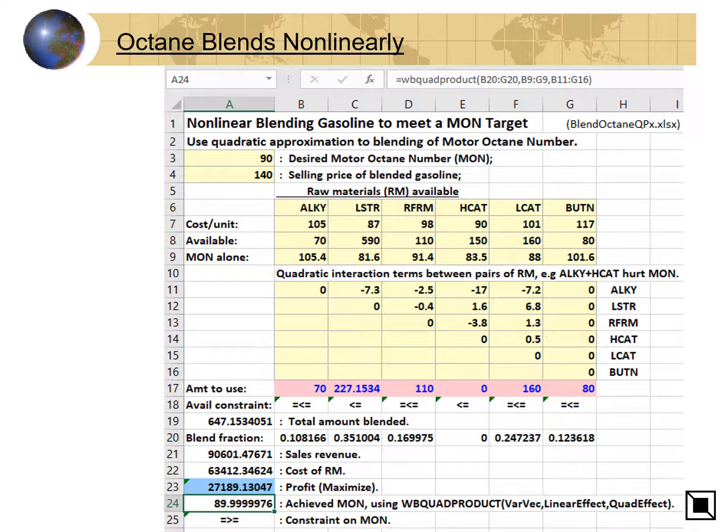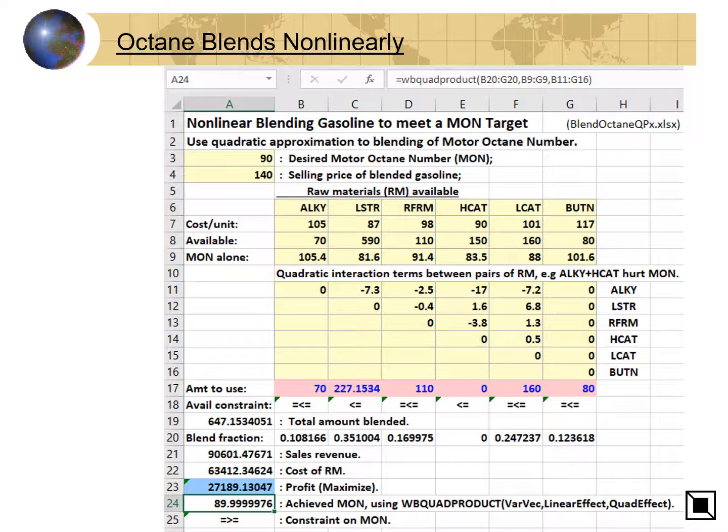If you look at alky and HCAT together in row 9, they have fairly good octane ratings, motor octane, certainly for alky alkylate, 105.4. But if you look in the quadratic matrix below, there's a -17. What this means is that if you mix HCAT and alkylate together, there's a penalty of 17 units that you lose in terms of octane rating.